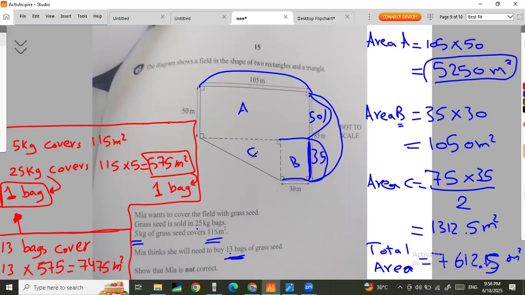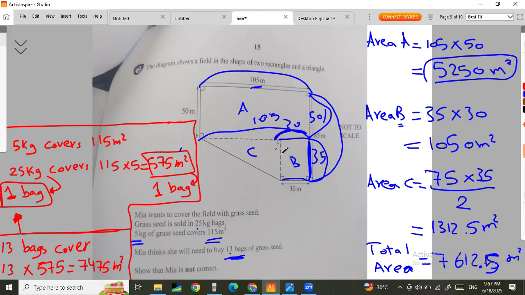Okay, shape C, how can I get it? Its area is base times height divided by 2. So what will I do? I'll find the base. How much is this base, Mister? He told you that this part alone is 30, and all of this is 105. So when all of this is 105 and part of it is 30, what's the other part, to get the base of the triangle? 75.